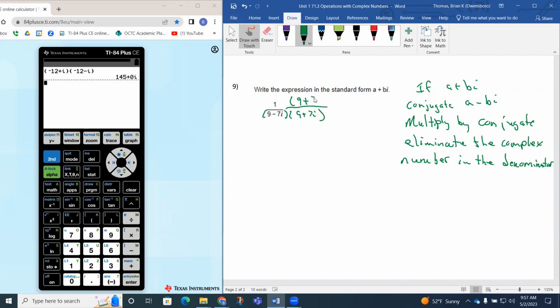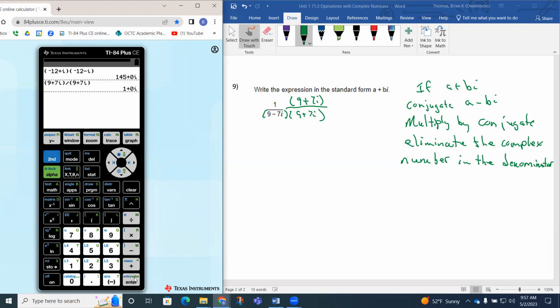Because 9 plus 7i over 9 plus 7i, remember that just represents 1. So if I put that into the calculator, 9 plus the 7i, if I divide that by 9 plus 7i divided by itself, notice how that just represents 1.